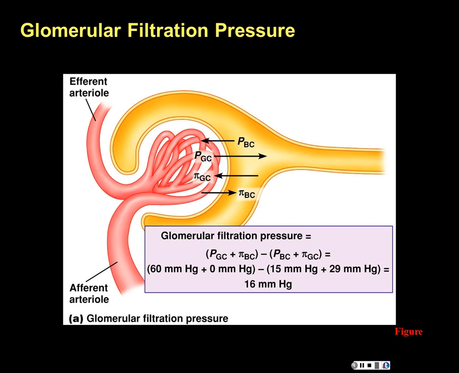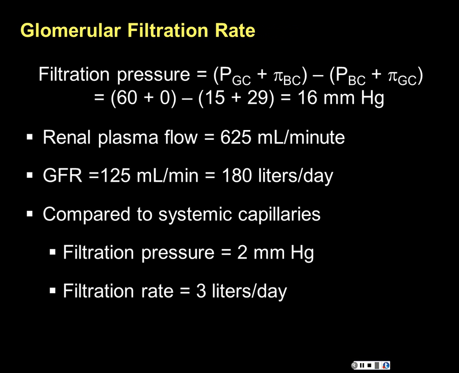If you look at just a sample filtration, the glomerular capillary outward pressure is about 16 millimeters of mercury, which may not seem like much to you, but if you contrast that to another capillary in the body, it's about 2 millimeters of mercury pressure. At any other capillary in the body, about 2 millimeters of mercury is enough to cause filtration, but then it reverses and causes reabsorption. The pressure at the glomerular capillaries is 8-fold higher. You can see that big difference.